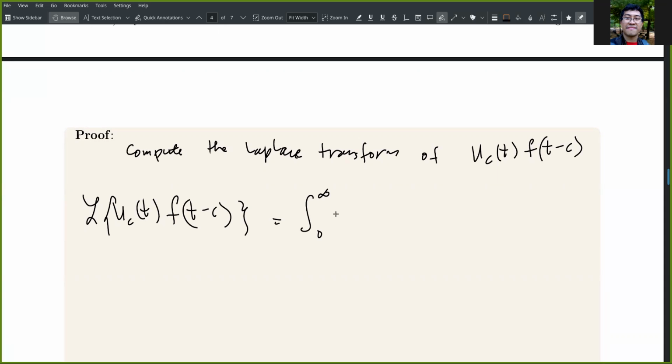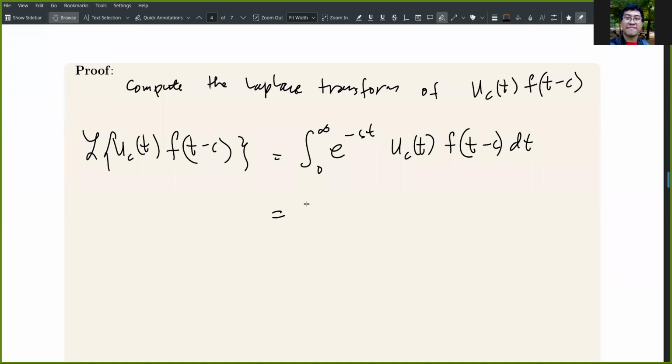By definition, it's the integral from 0 to infinity of e to the minus st u_c(t) f(t minus c). u_c(t) is 0 for t less than c, so we can start with c and then remove this step function.